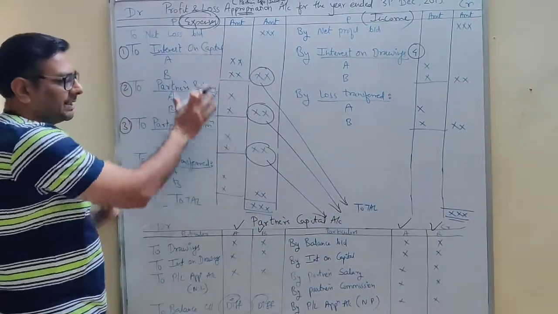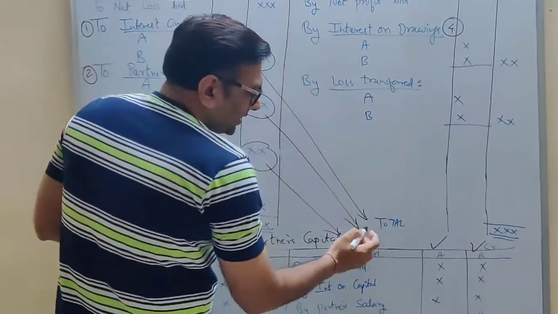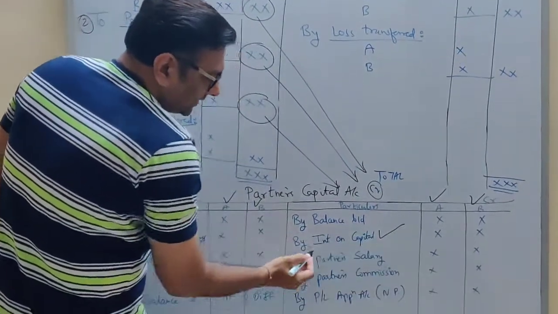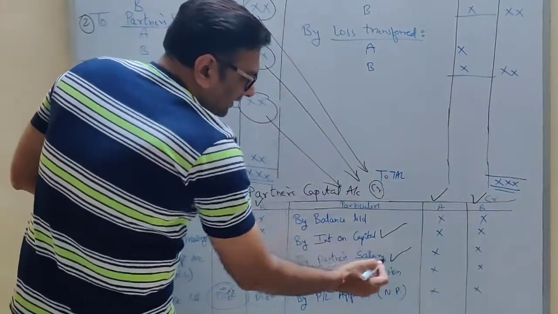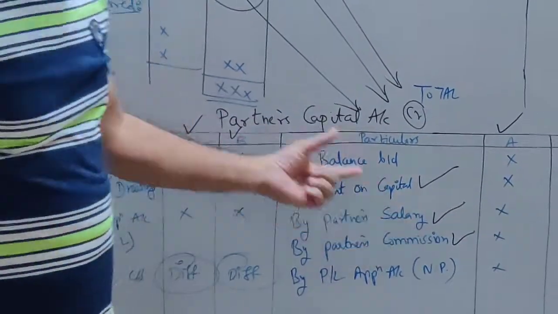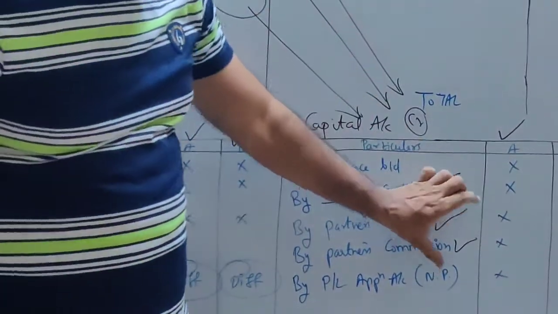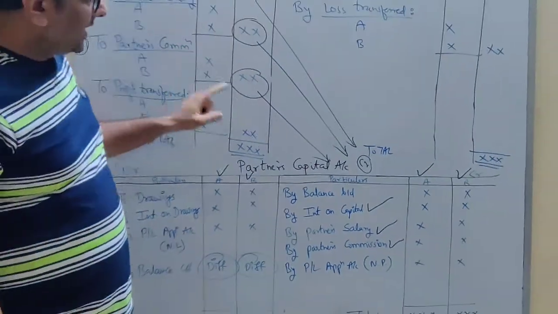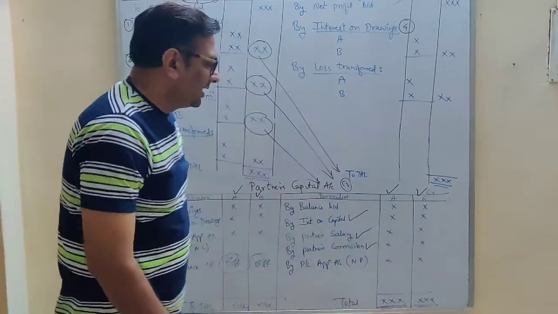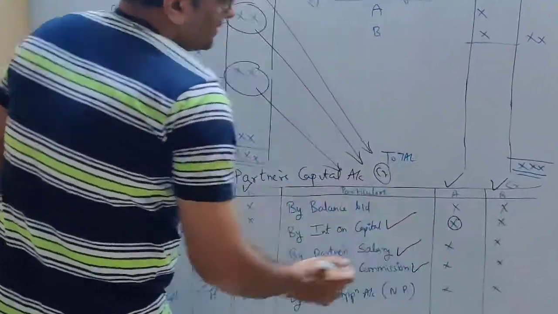This you have written on the debit side. It will go on the credit side of the partner's capital account. So you have already written to interest on capital, to partner's salary, to partner's commission. So it will come on the opposite side. Here it is debited, in the partner's capital you will post it on the credit side with the respective amount.